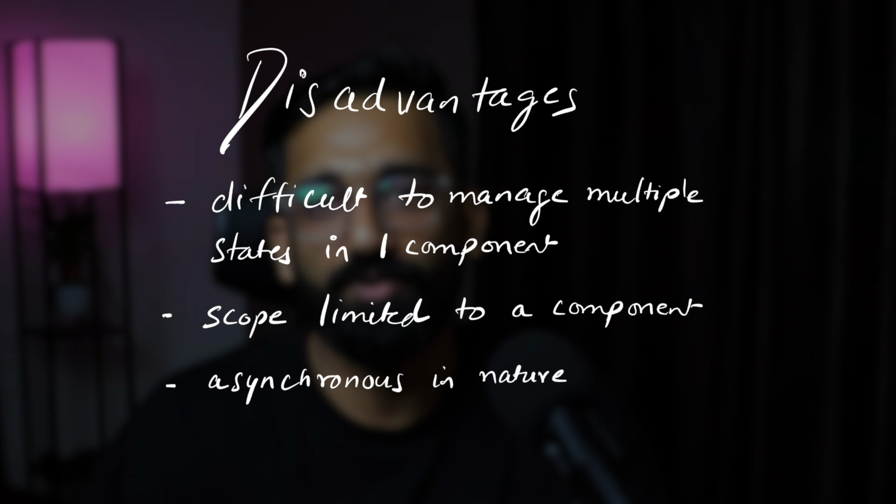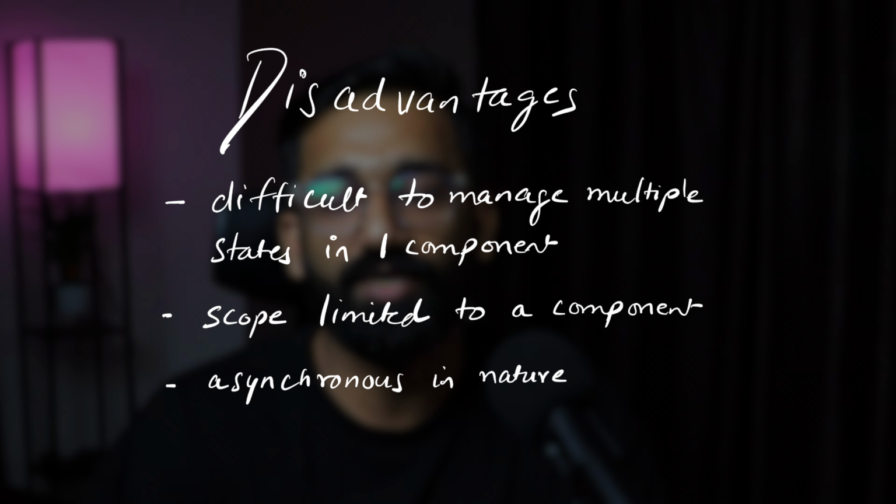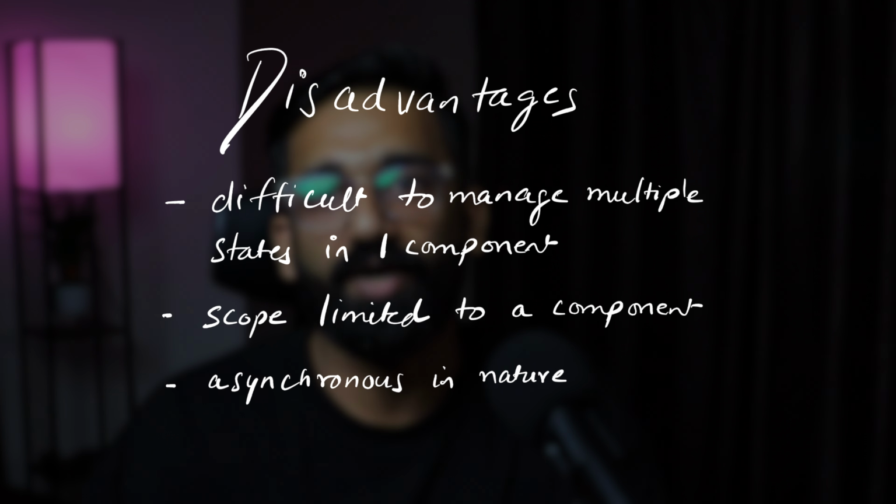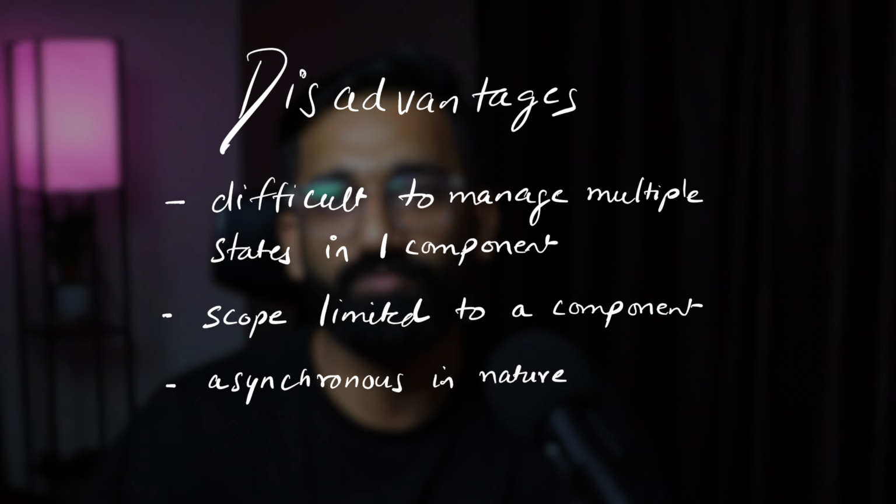Now, some common problems that we get with useState are, with this example, I just had 2 or 3 useStates that I am using in a component. But if I have to use useState for a whole lot of components, it becomes messier to maintain that component.